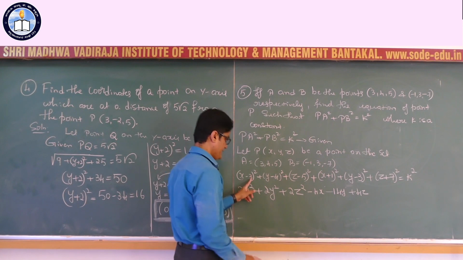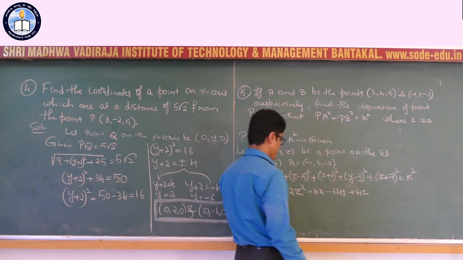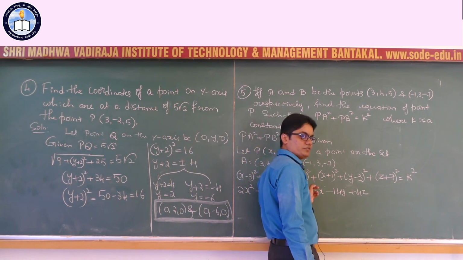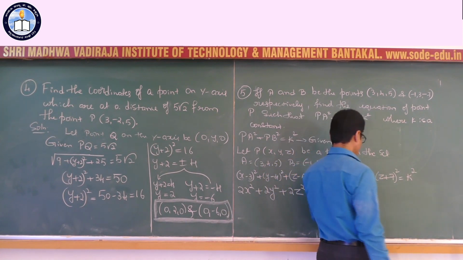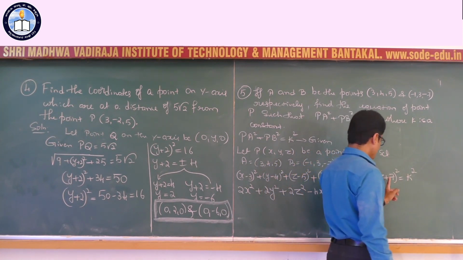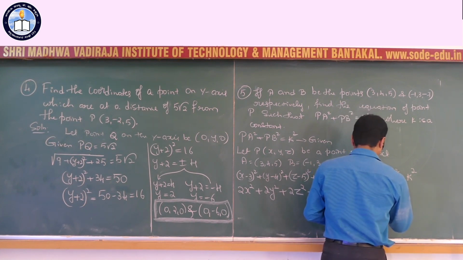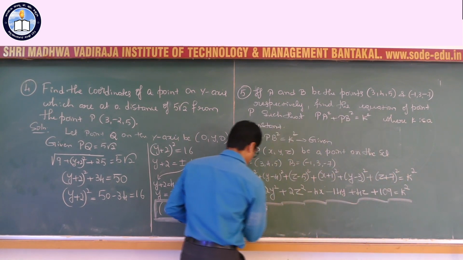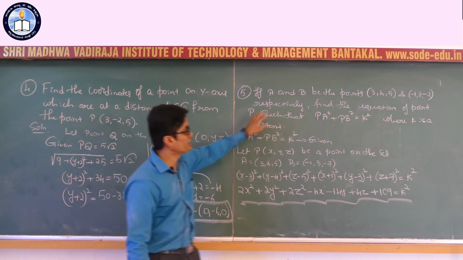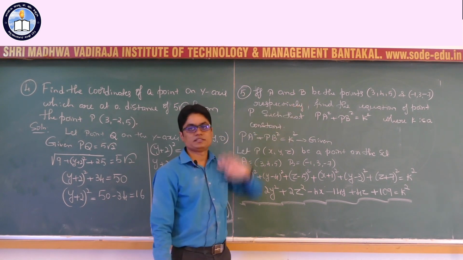Then constants: 9 plus 16 is 25, 25 plus 25 is 50, 50 plus 9 is 60 (sic), 60 plus 49 is 109. Plus 109 is equal to k square. So this is the equation of the set of all points which satisfies this condition.